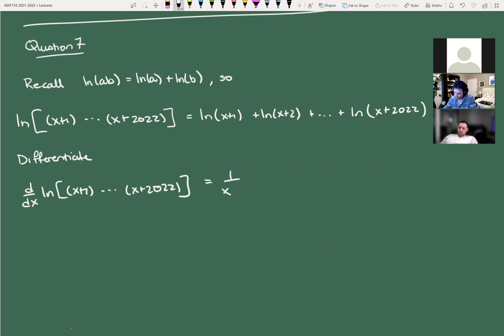So you get 1 over x plus 1 plus 1 over x plus 2 plus dot dot dot plus 1 over x plus 2022. And that's the answer, but if you want to write it in fancy sigma notation, it's that.